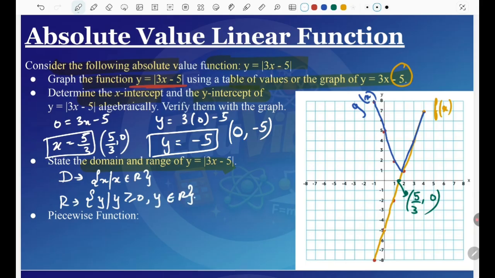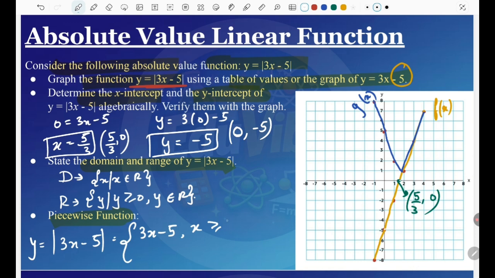Now the main thing, which is the piecewise function. How can we write the piecewise function? Firstly, your function, the absolute value of 3x minus 5, is equal to, you put the big curly bracket. Firstly, you take 3x minus 5 as it is for x greater than or equal to 5 by 3. At that point, our graph lies on the same thing.